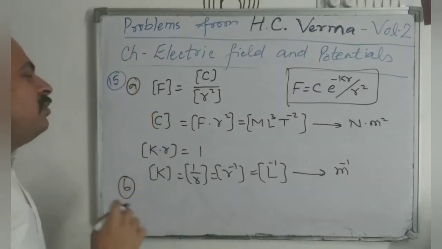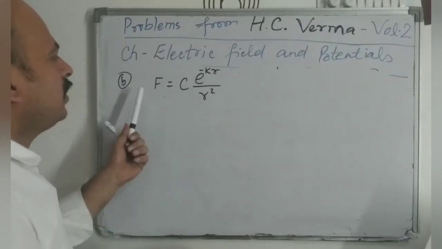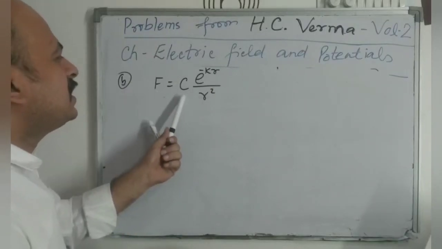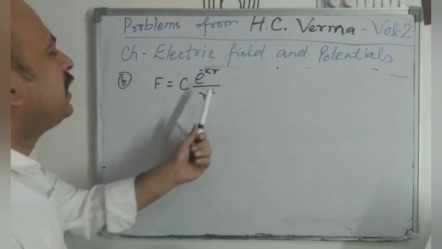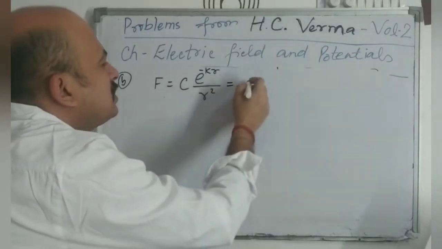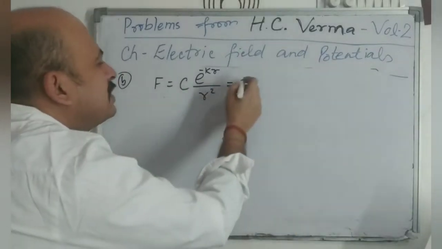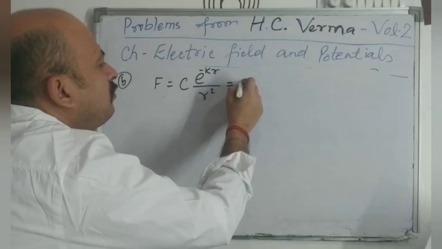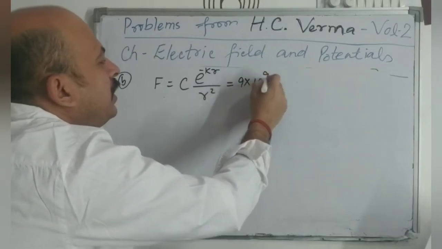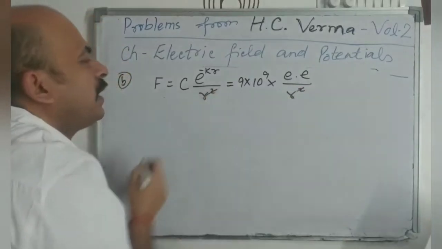And what is in part B? In part B, this nuclear force is C e to the power minus kr upon r square. Taking that the force is equal to the electrostatic force between two protons at the same distance, that will be 9 into 10 to the power 9 e into e divided by r square, and r square cancels.